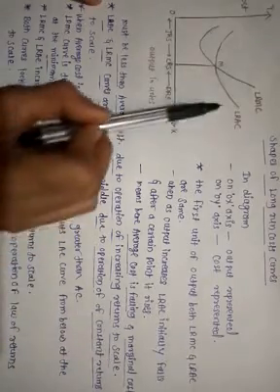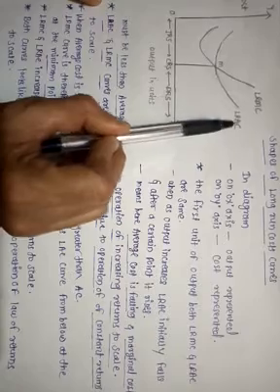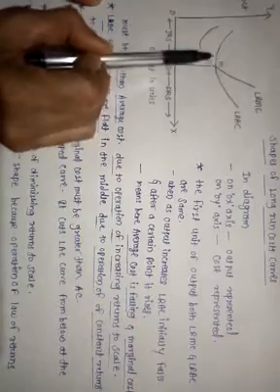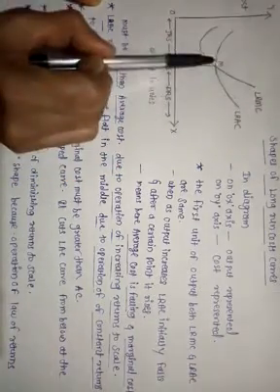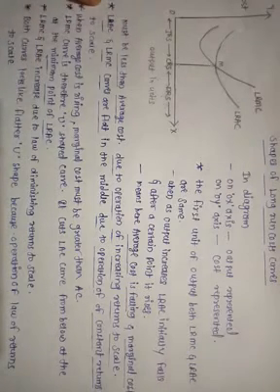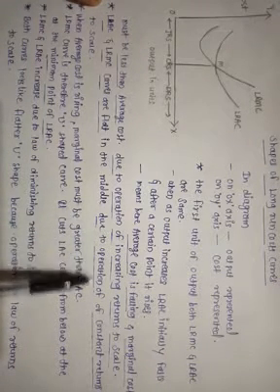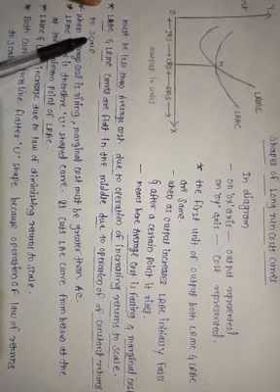Then the long run average cost and long run marginal cost curves are flat in the middle. See here, these two curves are flat in the middle. Why? Because of the operation of constant returns to scale.